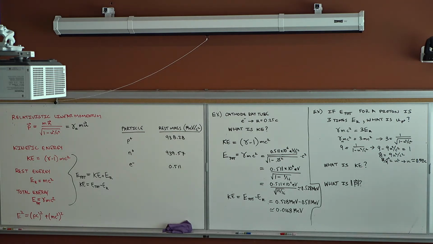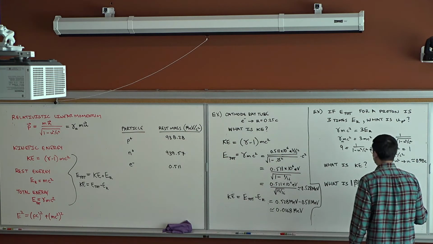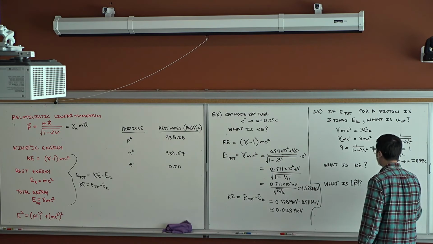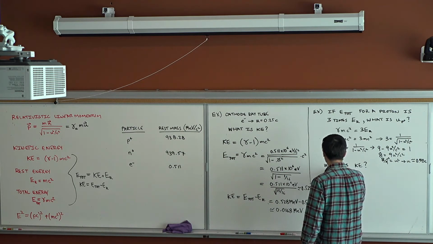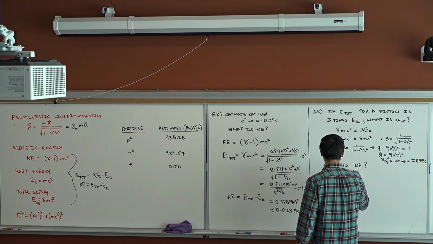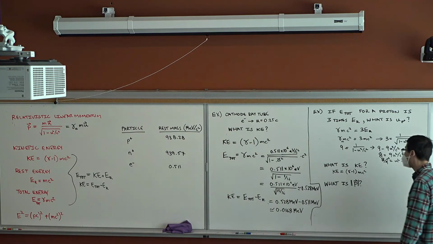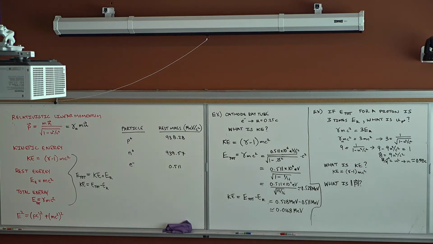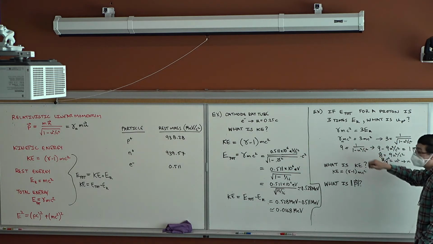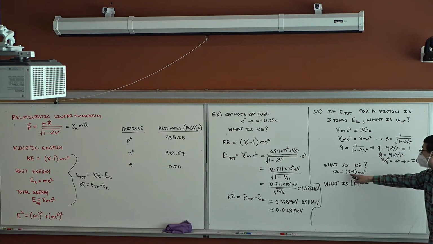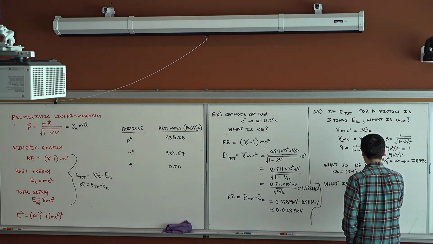If we wanted to find the kinetic energy, then there is a straightforward approach here. Kinetic energy is going to go as gamma u minus 1 times mc squared. But what do we know about gamma here? Gamma is the one we calculated. So we said that gamma was 3. And so 3 minus 1 is going to be 2 mc squared.